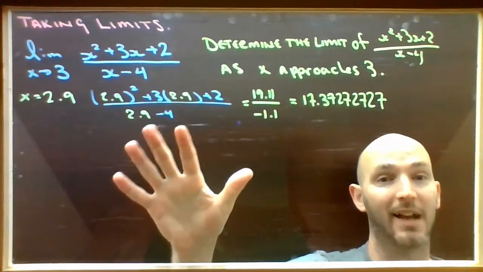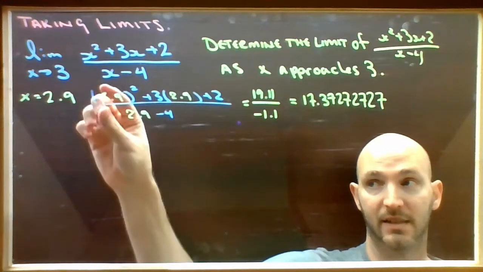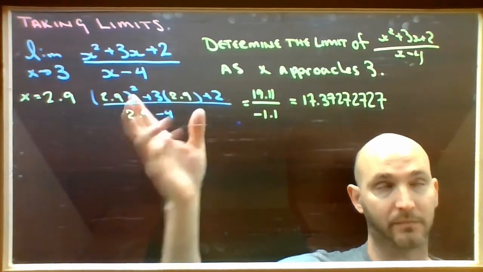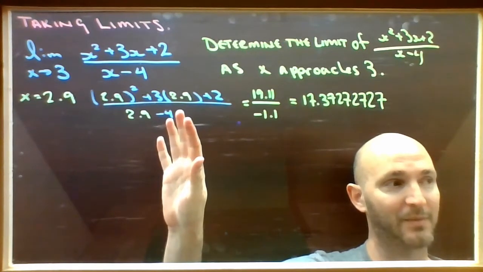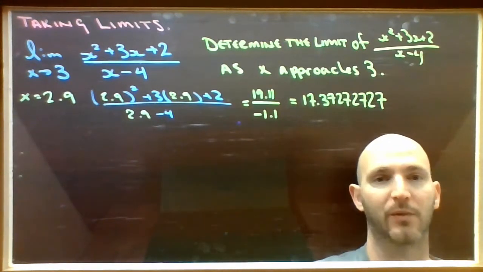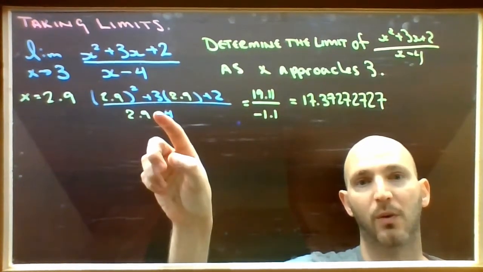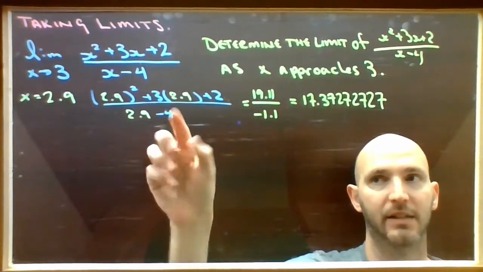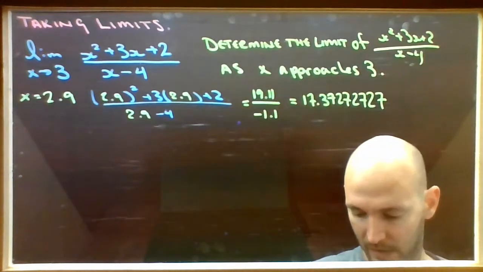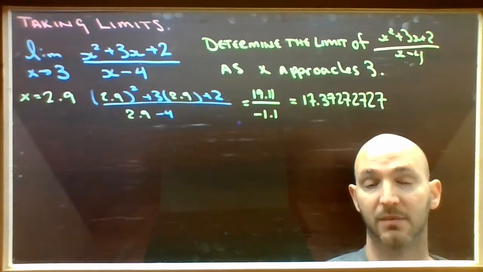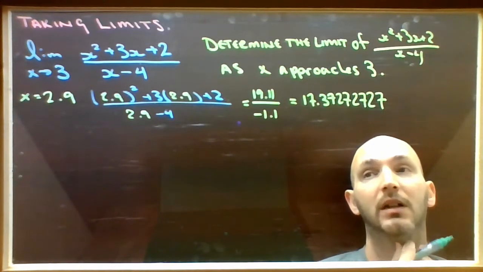The way your calculator reads that, it does the top correctly, divides it by 2.9, gets the answer, and then subtracts 4 from that. And that's not what you wanted. You wanted to divide by negative 1.1 here, not divide by 2.9 and then subtract 4 from the total. So think about that. Calculator skills are critical at this point to make sure you do your data entry properly.